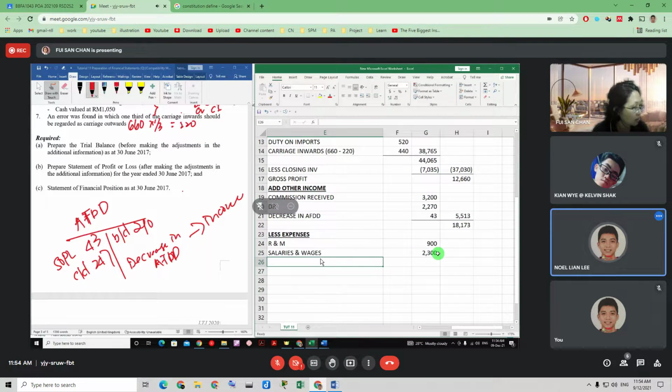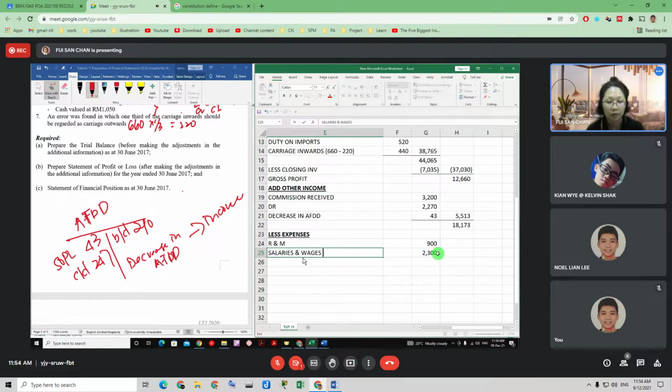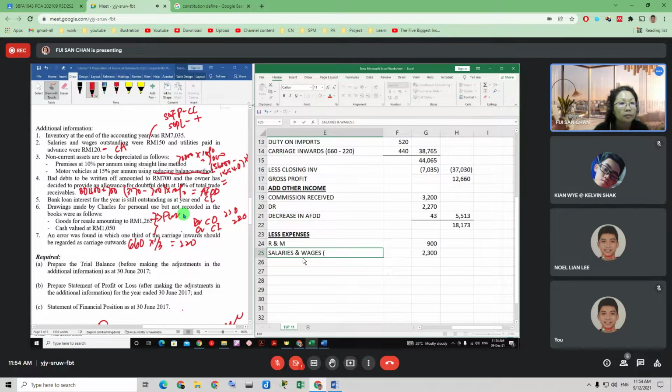Hey, Miss, are we supposed to add the accrued salaries? Yeah. Okay, let me see. Oh, yes. So 2,300 plus 150, right? So meaning here becomes 2,450. Okay.